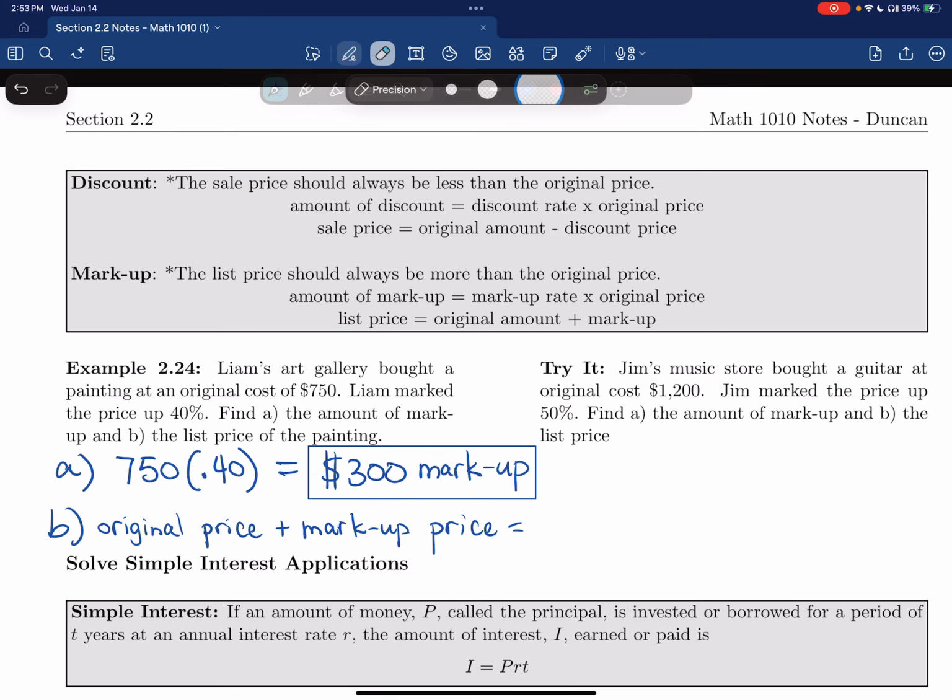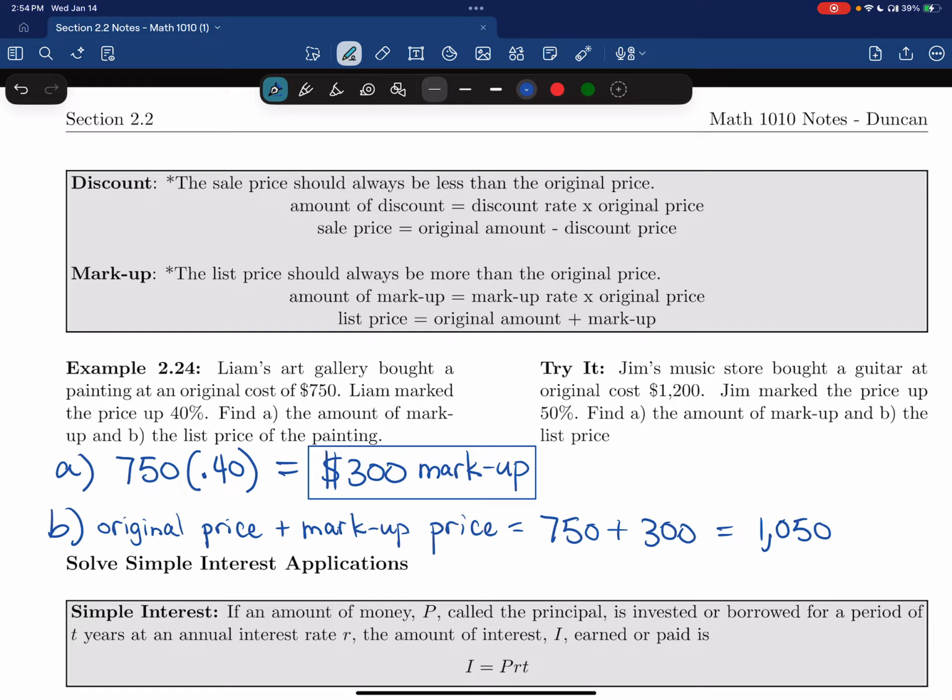That's equal to 750 plus the markup I found of 300, which gives $1,050. We have found the price after the markup. That's now the list price of the painting.